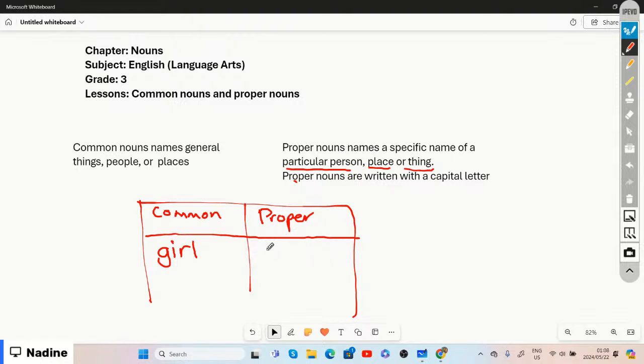Like, for example, we will maybe say this is Sarah, right? Then we have a common noun, maybe park. Park is a common noun. But by proper noun, you will give the name of that actual park. For example, Greenpoint Park.